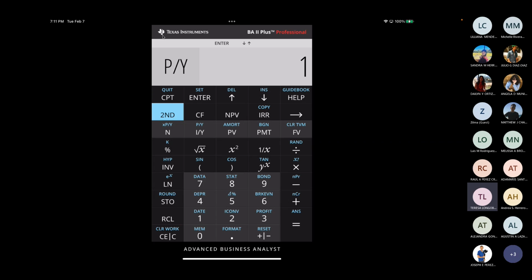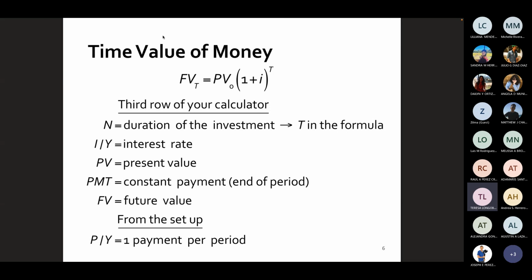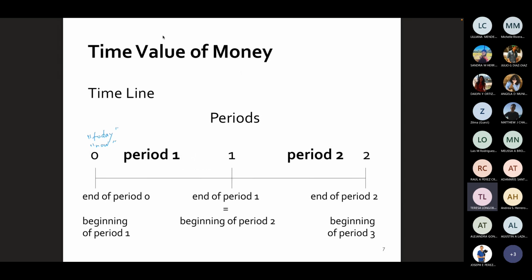You need to hit 1, enter. Now there's other options, but we just care about the P/Y. So that's payments per period, but it should just be 1. All right, so let's go back. If you see that you're getting different answers than me, it's possibly that you don't have a 1 there, the P/Y.